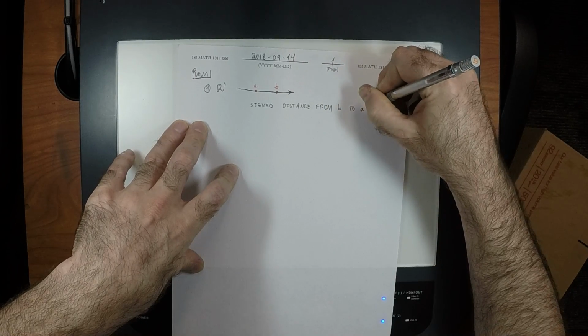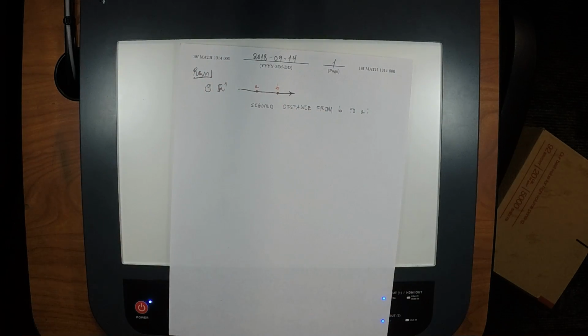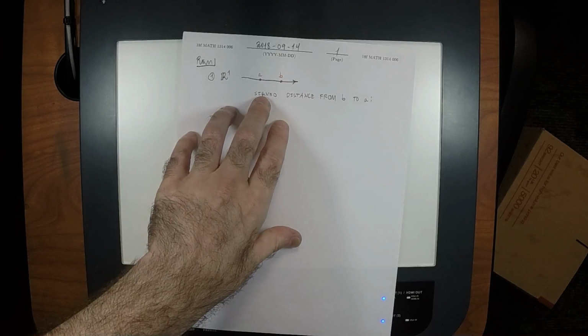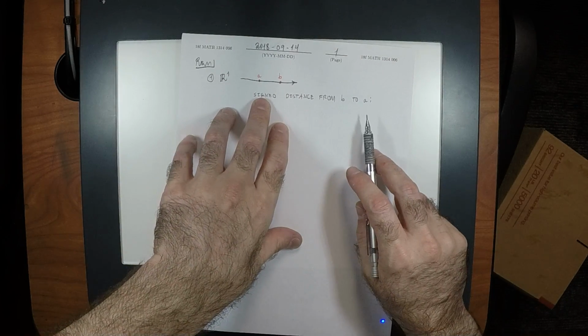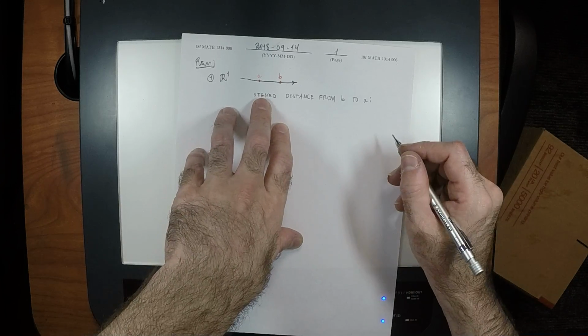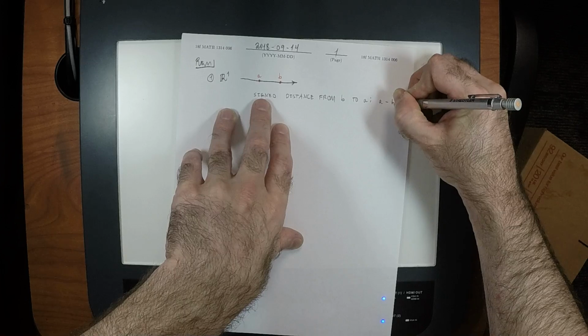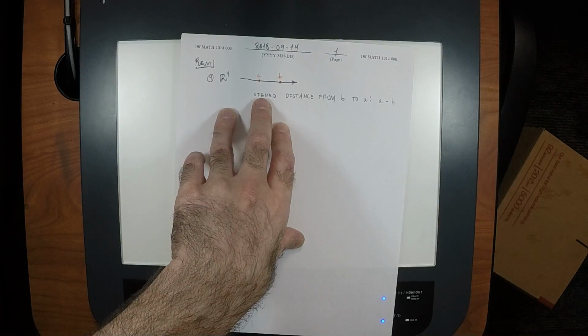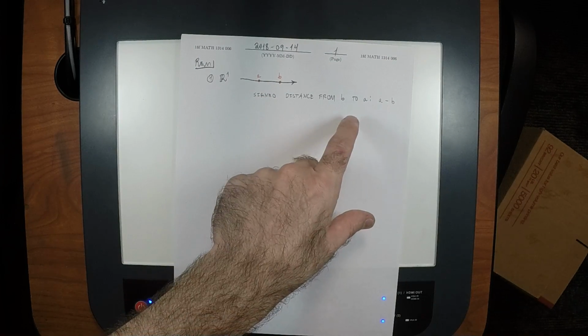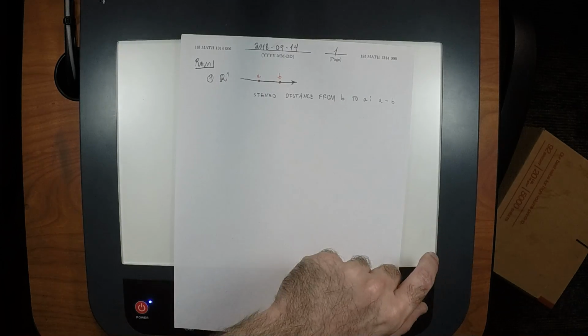Now you can't, because I didn't draw a scale, there's no marks on it. Like, you can't tell me exactly the value, but you should be able to tell me the formula. So what's the formula? What is it? A minus B. Now wait a minute, why is it not B minus A? Well, in the end, because it says from B to A.